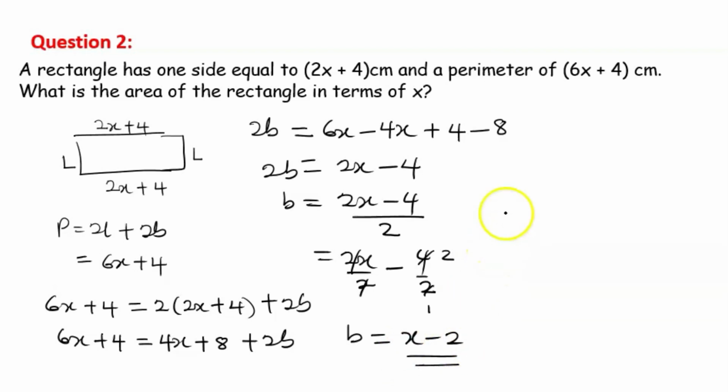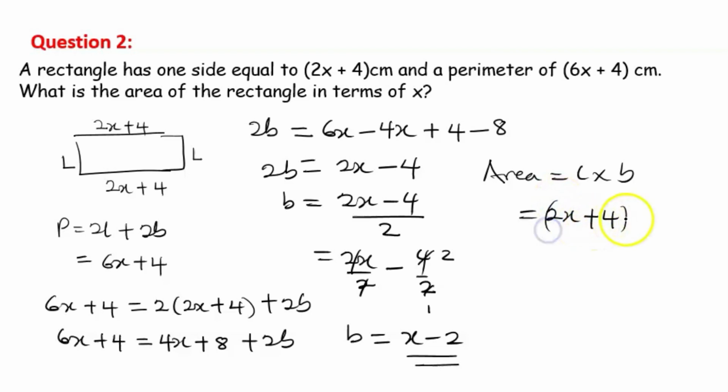So the area, of course, in terms of x, is now going to be length times breadth. The length that we have is 2x plus 4, and the breadth that we just got is x minus 2. So how do we multiply this? We expand this bracket, so this one is going to multiply this and this.